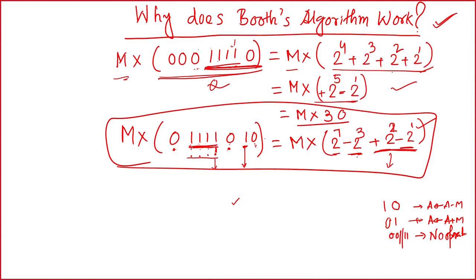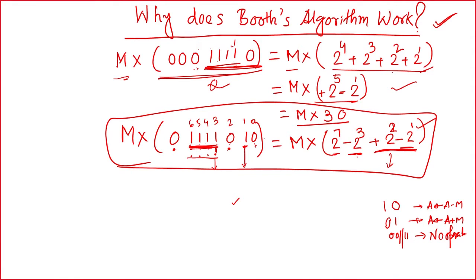Therefore, whenever we get a block of 1s, a string of 1s, this term can be written as 2 to the power 7 minus 2 to the power 3. This position is 0, this position is 1, this is 2, 3, 4, 5, 6. So we have a block of 1s that started at position 3 and ends at position 6. So, this can be written as 2 to the power 7 minus 2 to the power 3.